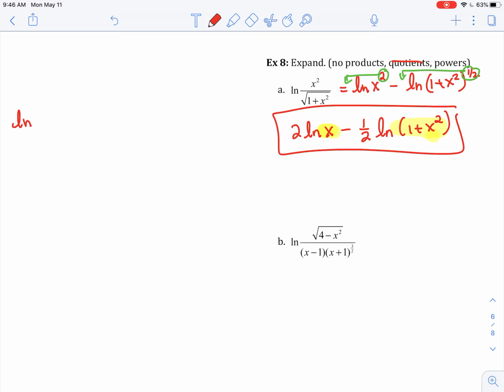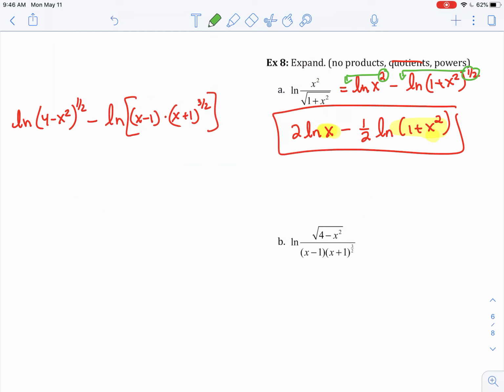So I would have the natural log of 4 minus x squared, and we know square root is 1/2 power, minus the natural log of the quantity x minus 1 times that x plus 1 to the 3/2 power.